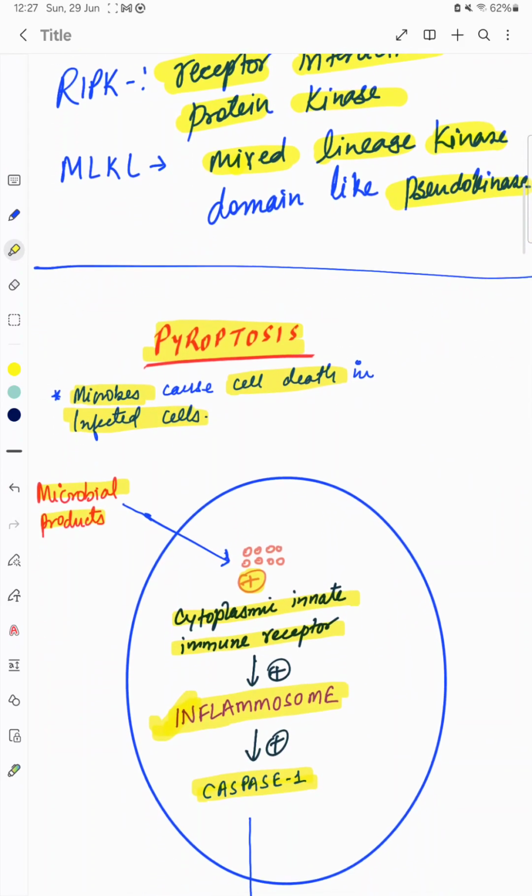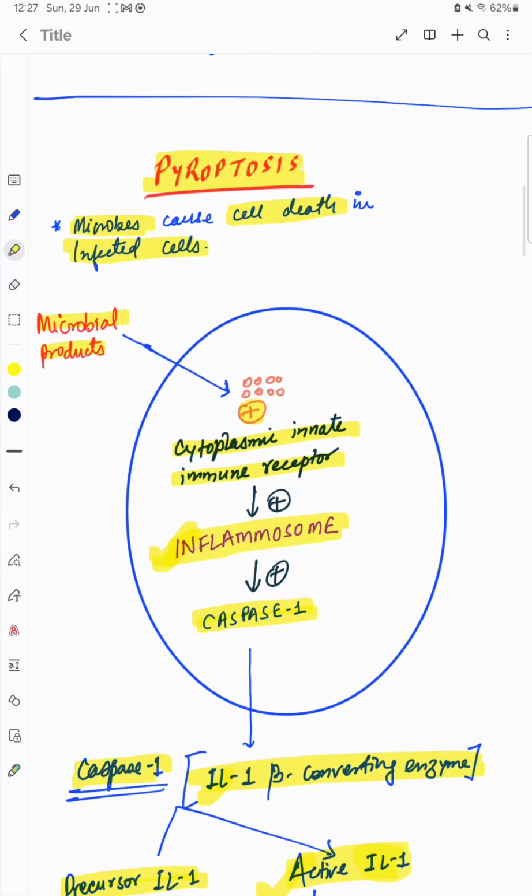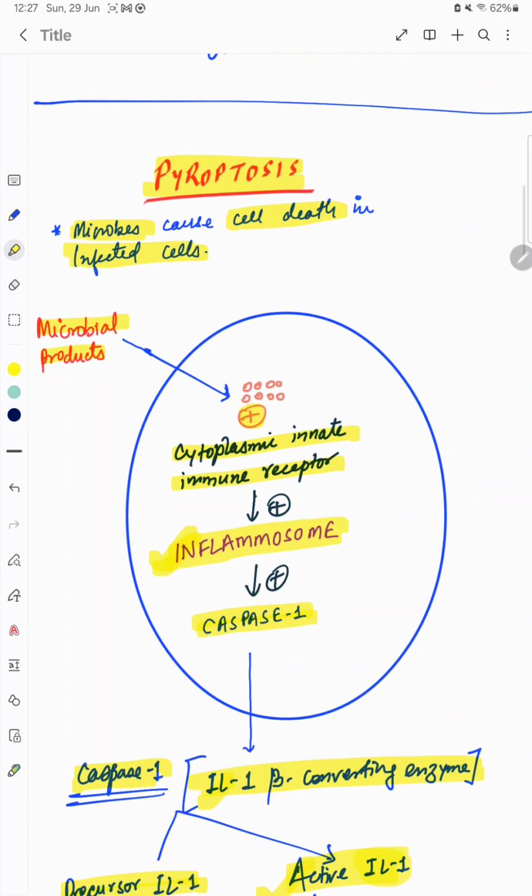Now we will discuss another mechanism of cell death, pyroptosis. Microbes cause cell death in the infected cell in pyroptosis.